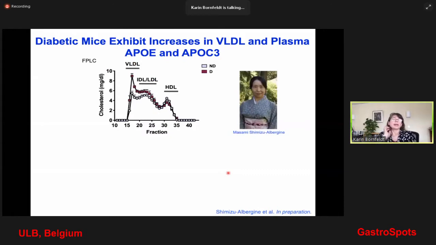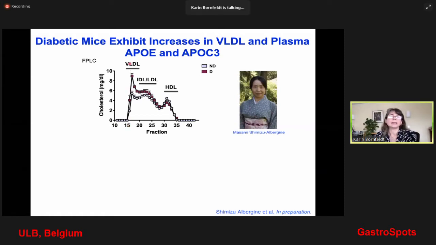So in the lab, we have started to look more carefully at the lipoprotein and apolipoprotein abnormalities in diabetic mice using the type 1 diabetes model I described. And this work is being carried out by Masami Shimizu-Albergine in the lab. And here, what we did was to separate plasma samples from non-diabetic and diabetic mice on FPLC, and then measured cholesterol in each fraction.